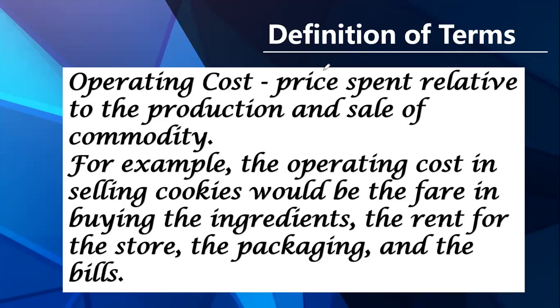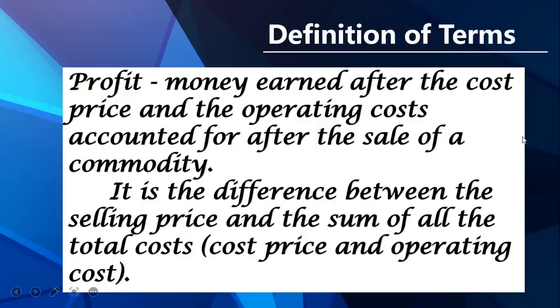Then the next one is the profit. Earlier we identified the cost price and the operating cost, and we must know as well our profit. Profit is the money earned after the cost price and the operating cost are accounted for after the sale of a commodity.